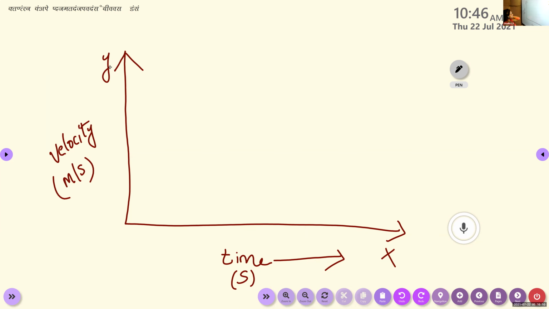So here we are going to derive the first equation of motion, that is V is equal to U plus AT, from a graph. For that, we consider the velocity time graph for the uniform motion of an object.